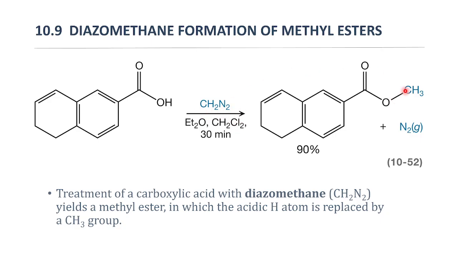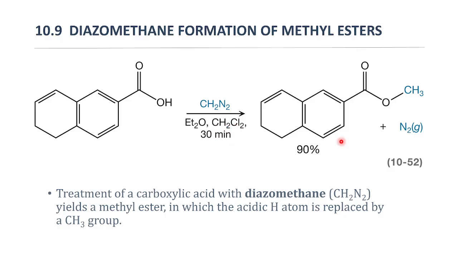And the acidic hydrogen atom, which is right there, is going to be replaced with that methyl group, the CH3 group. Notice that this right here is a nice ester, and this right here is your dichloromethane, or dichloromethylene, depending on where you're getting it from.